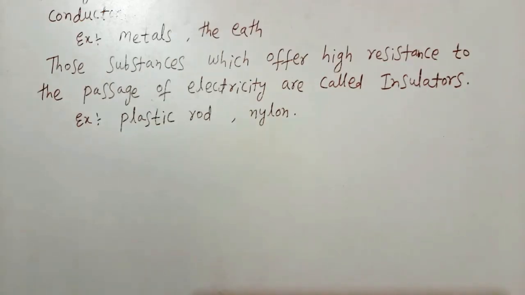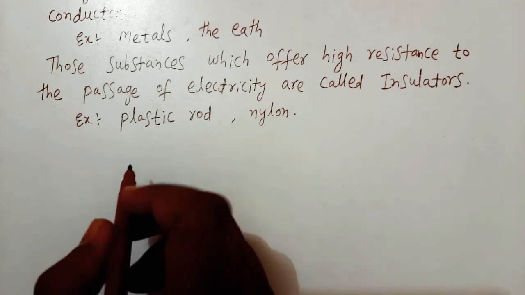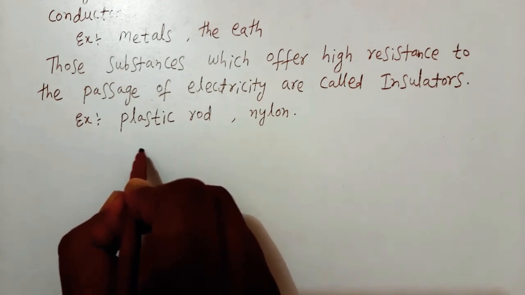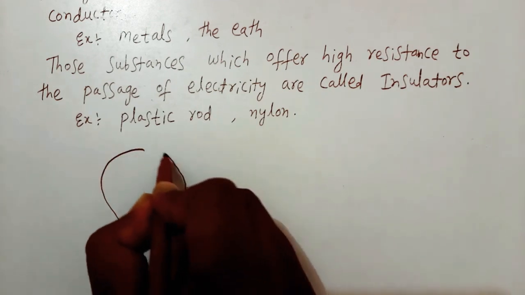When some charge is transferred to a conductor, it readily gets distributed over the entire surface of the conductor. That is, here I am taking one conductor.